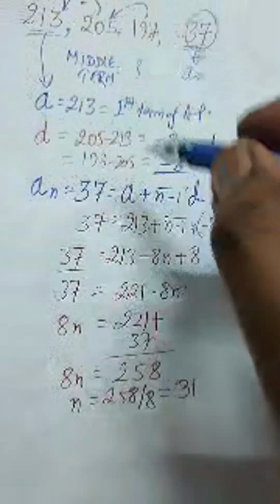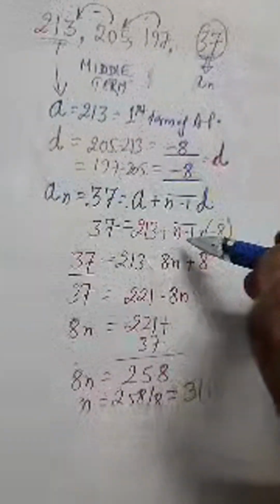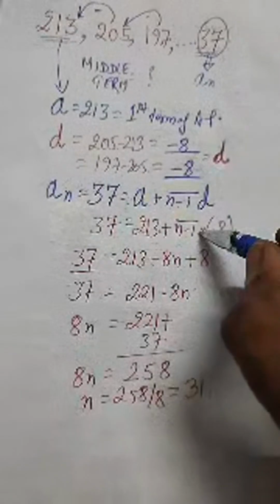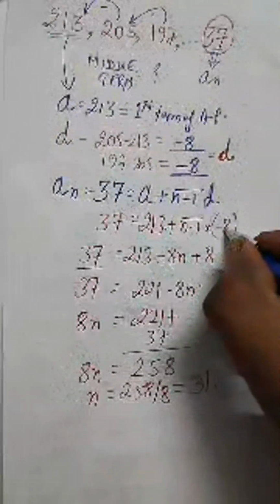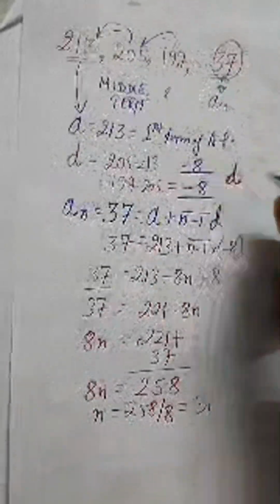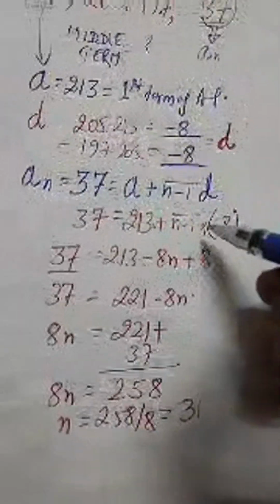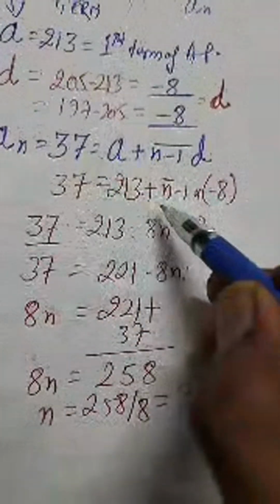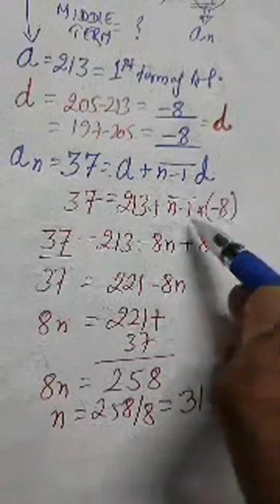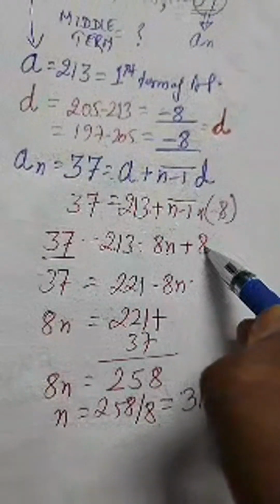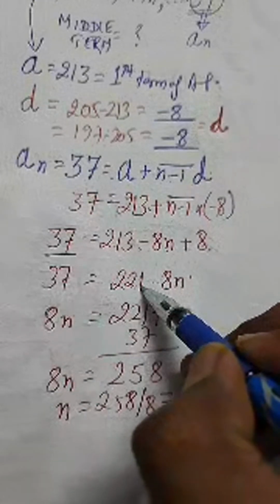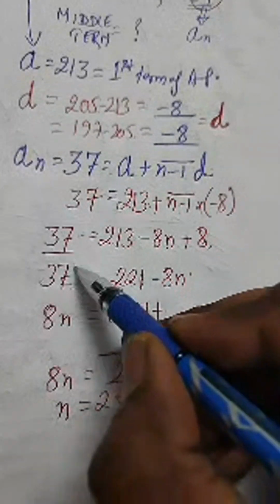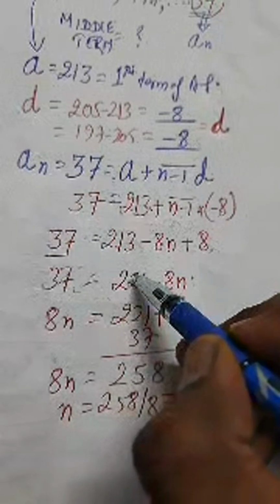213 is the first term, A plus n minus 1 into D. D is minus 8, which we have calculated, and minus 8 multiplied with n minus 1 will give you minus 8n plus 8. 213 plus 8 will be 221, and 221 and 37 are moving from LHS to the RHS.